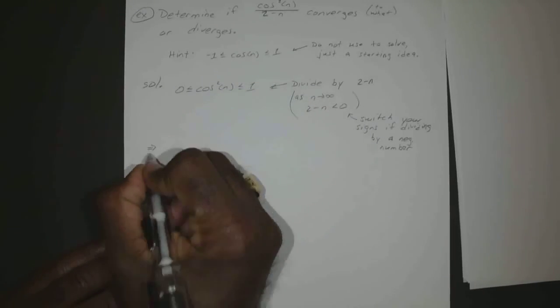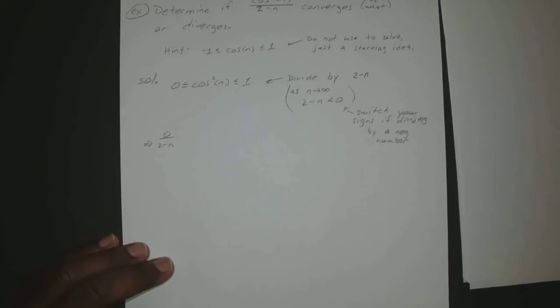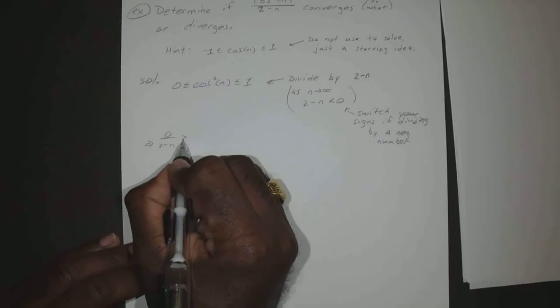Okay, so if we have 0 divided by 2 minus n, and remember you have to switch your sign.